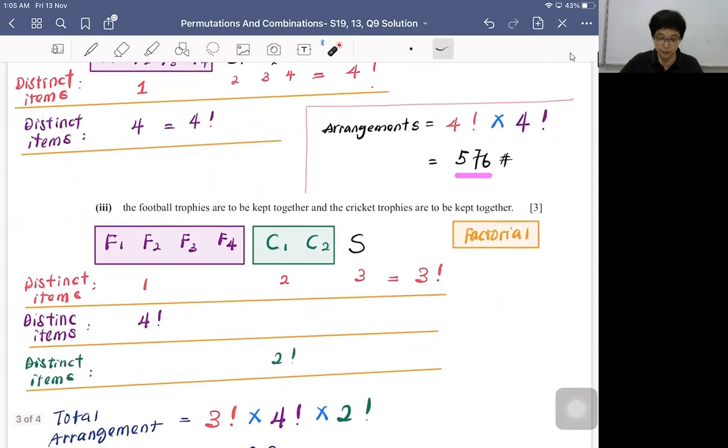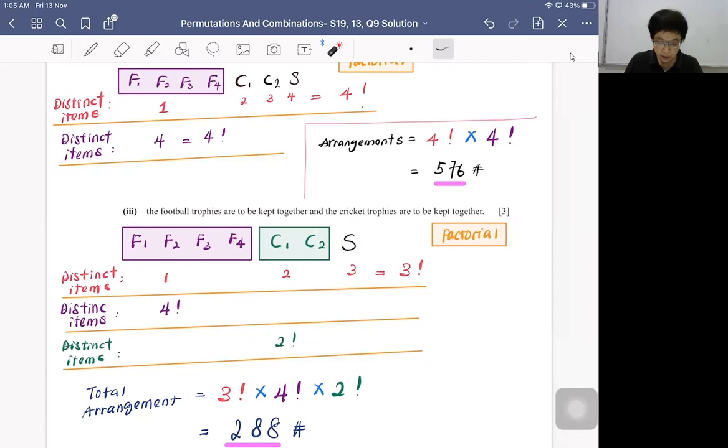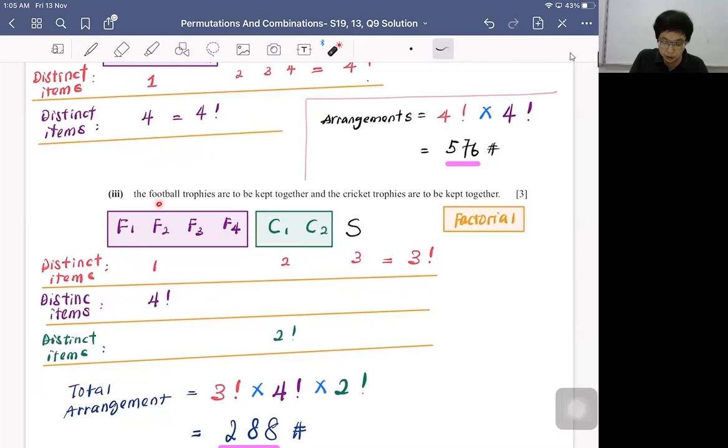Now we move on and look at the next scenario. The football trophies are to be kept together. Okay, that was the condition from section 2. But this time, his requirement extends also to the cricket trophies. He also wants the cricket trophies to be kept together.